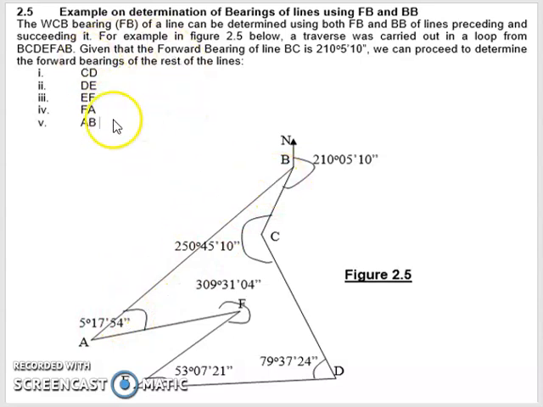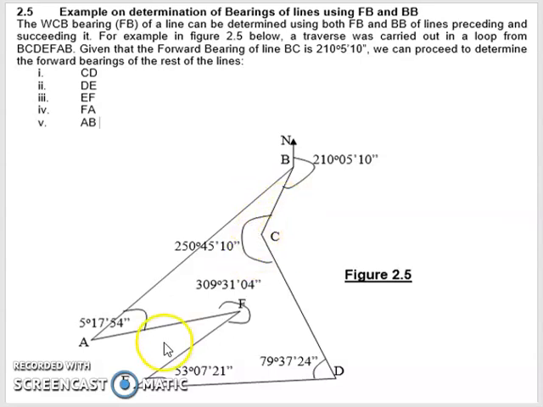So the first step that you can do is to calculate the forward bearing of the line CD, given this forward bearing of the line BC, and knowing the interior angle of the figure at the point C.